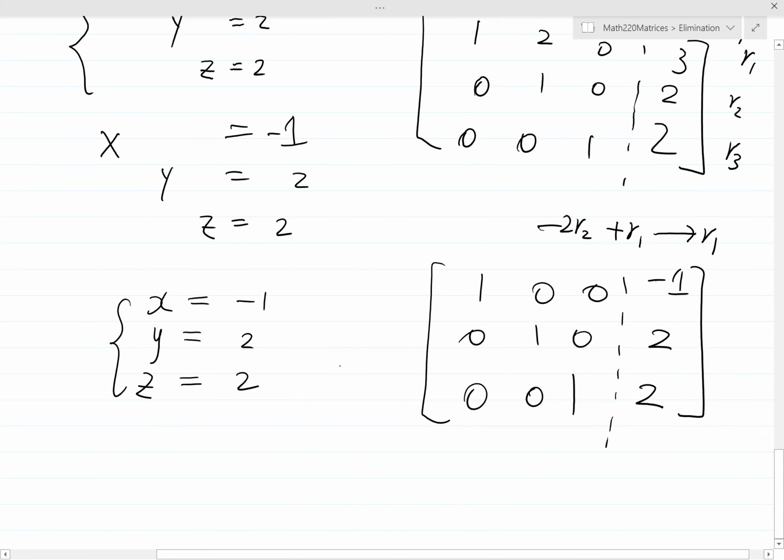Okay, they correspond to each other. So this is actually how elimination works.